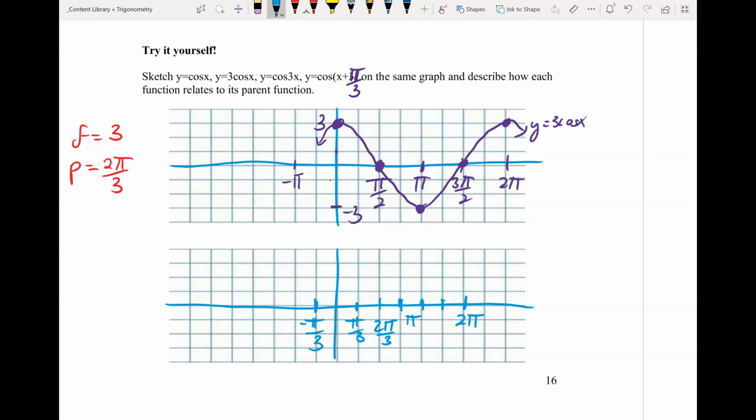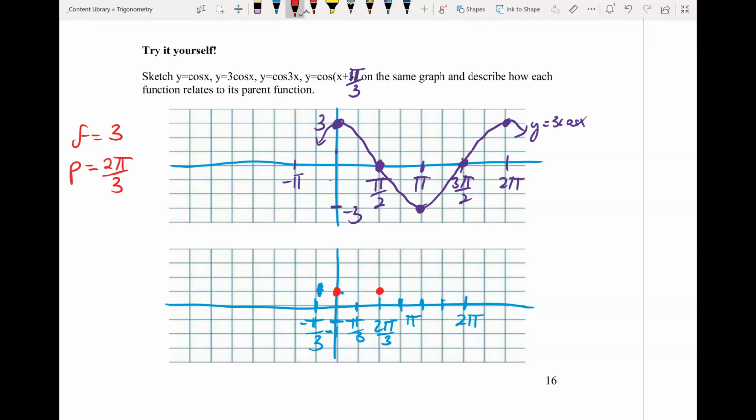So from start to finish, I need to start from 0, 1 as we usually would, but I'm going to end at 2 pi over 3.